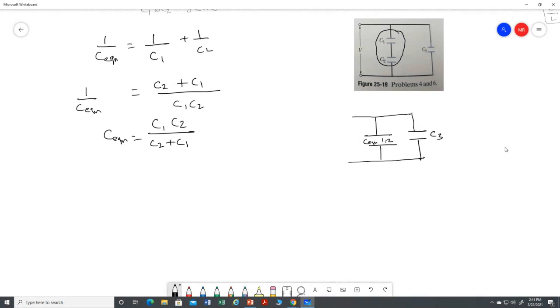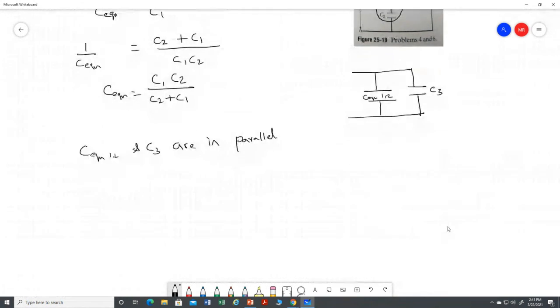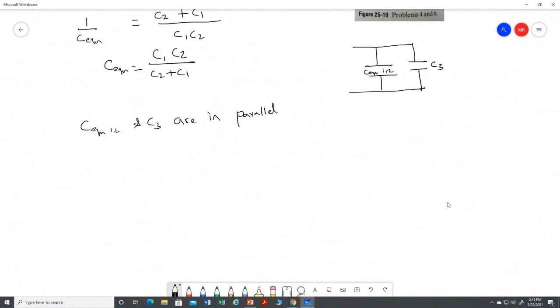What is the rule for the parallel? So according to this picture, my C equivalent of 1 and 2 and C3 are in parallel. So what is the rule for parallel?